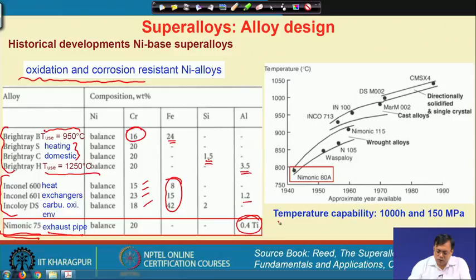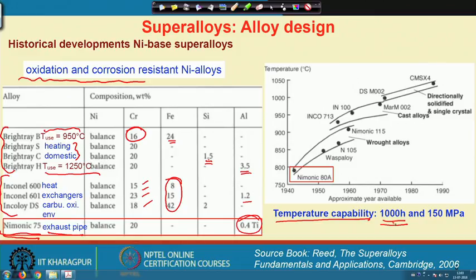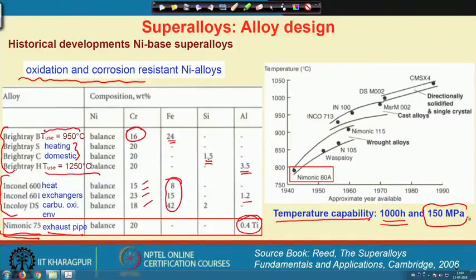And if we consider high temperature capability with creep, the benchmark was 1000 hours of application at a stress of 130 to 150 megapascal. In that range, even though Nimonic we consider to be used above 1000, when stress is applied the usable temperature is somewhat 800 degrees centigrade.